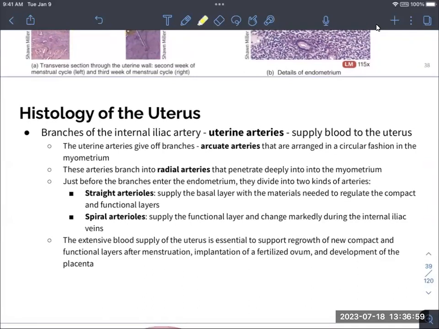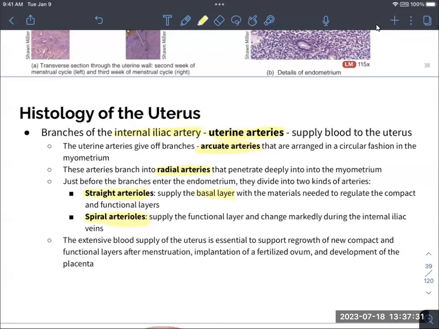So the arteries that go to the uterus are known as the uterine arteries, and they come from that internal iliac artery. Eventually we're going to get these arcuate arteries that'll branch into radial arteries. And before they enter that endometrium, we get straight arterioles and spiral arterioles. The straight arterioles are going to go to that basal layer.